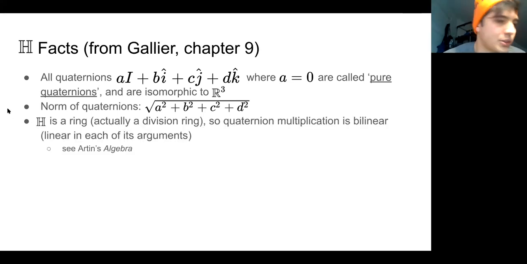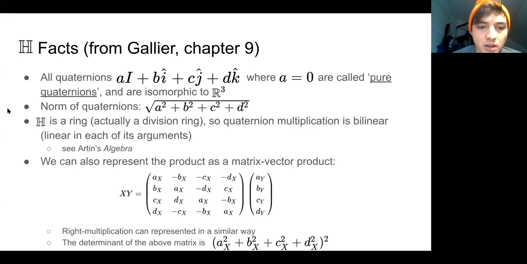From Artin's algebra, we know that quaternions form a ring. In fact, they're the first instance of a division ring. And by the distributive property, we also know that multiplication by a quaternion is bilinear. In addition, back to Gallier's book, we can represent left multiplication by a quaternion by a matrix-vector product, and here we have it depicted.